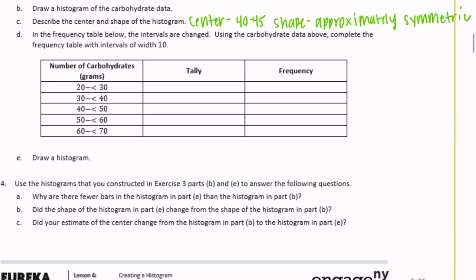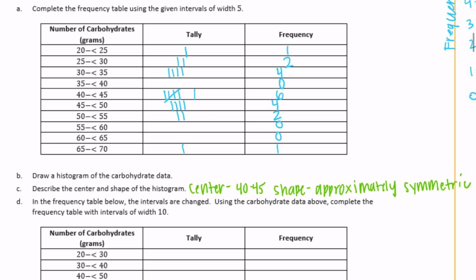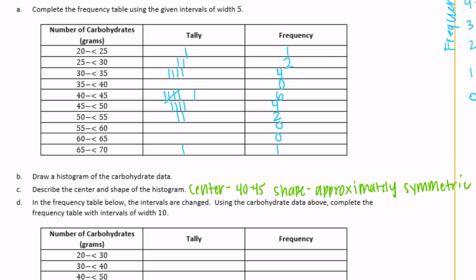D, in the frequency table below, the intervals are changed. Using the carbohydrate data above, complete the frequency tables with intervals of width 10. So now we have from 20 to less than 30. So I'm just going to combine these two. So that would be 3. And then we have 30 to less than 40.